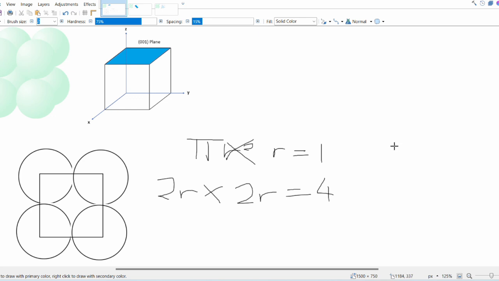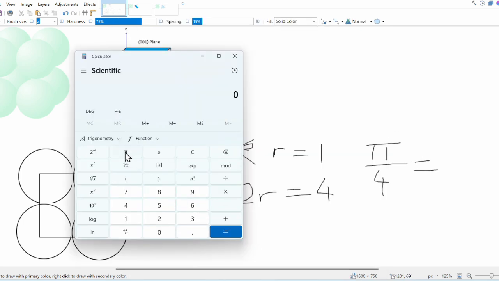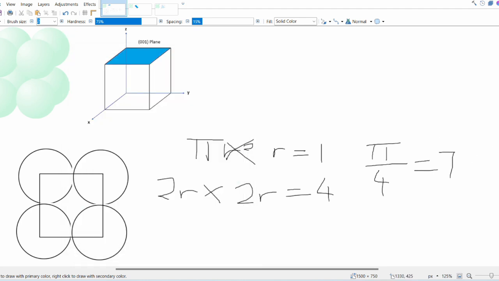So the answer to this question is just pi over 4, which equals about 78.5%. So that is the answer for a simple cubic.